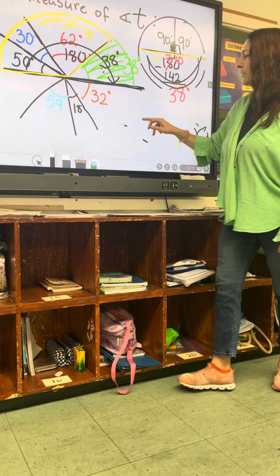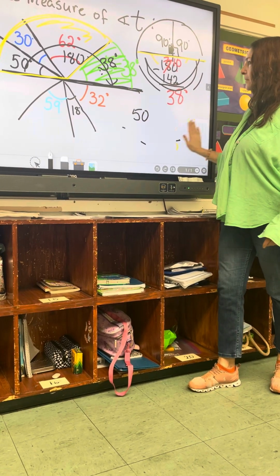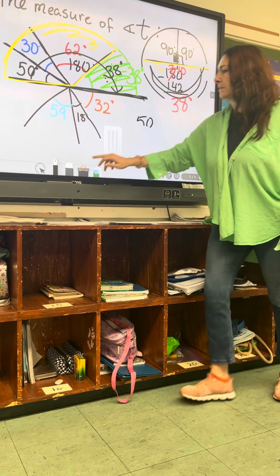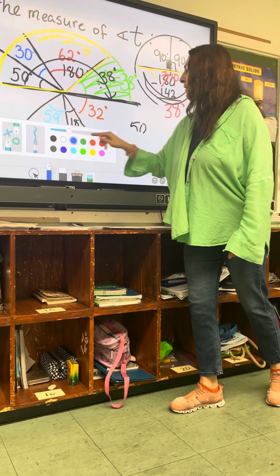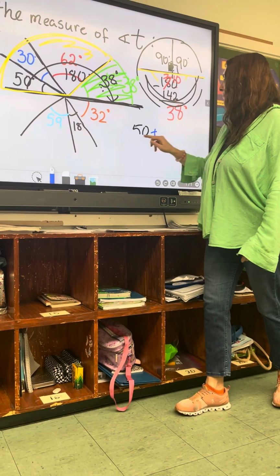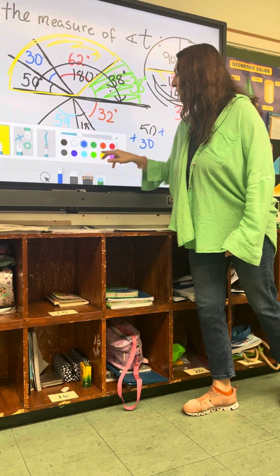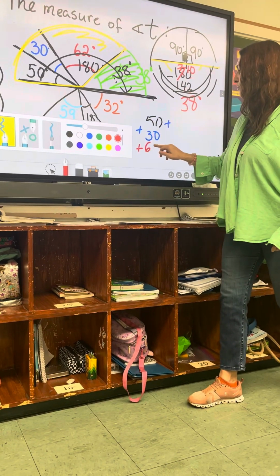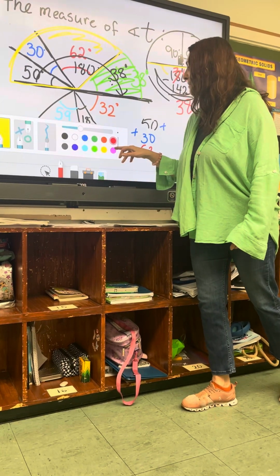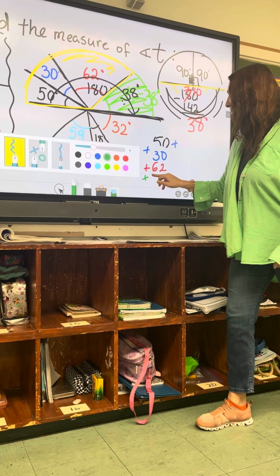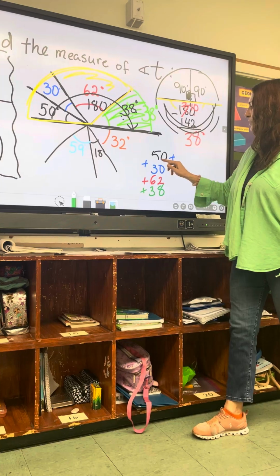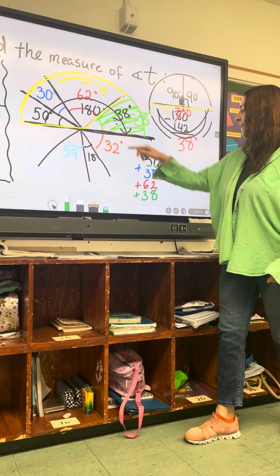So we start with 50 plus what's next? 30. Plus 30 plus what? 62. Plus 62 and plus 38. Okay, let's see if it's going to be 180.